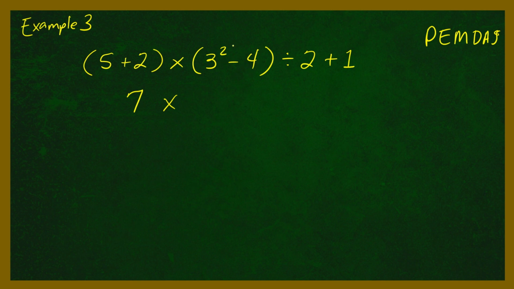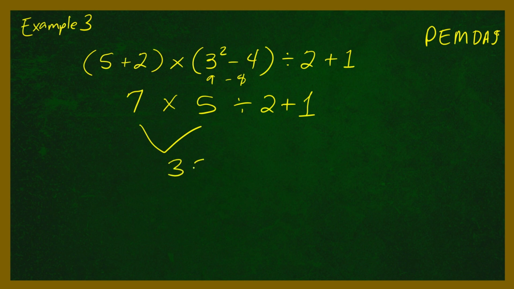So 3 squared will give us a value of 9 minus 4. Minus 4, that will give us a value of 5. So let's bring down the rest of the problem, divided by 2 plus 1. Okay, let's solve. We have 7 times 5.